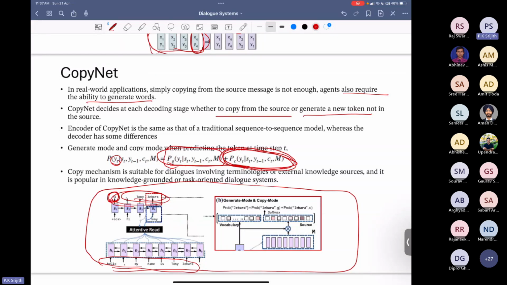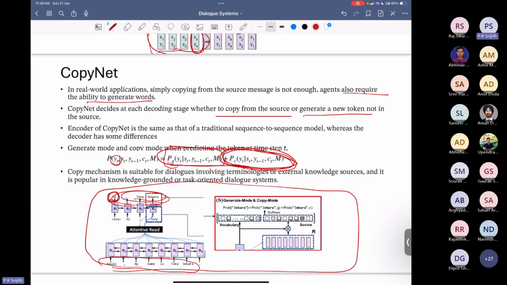So often many of these dialog systems require you to generate an output by considering some external knowledge bases also. Often you may have to come up with deep learning architectures which can consider these external knowledge bases.